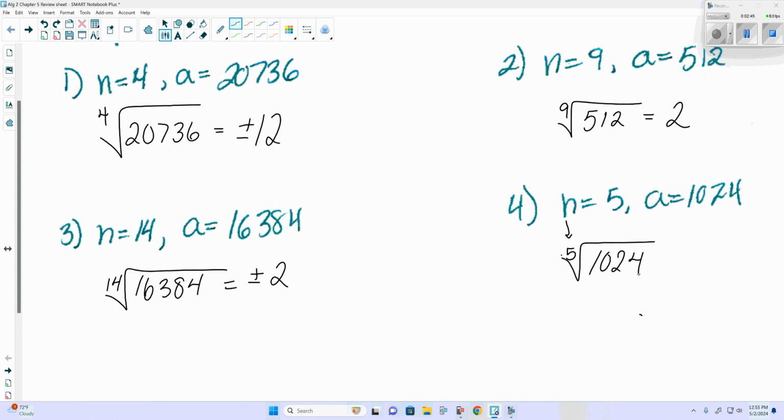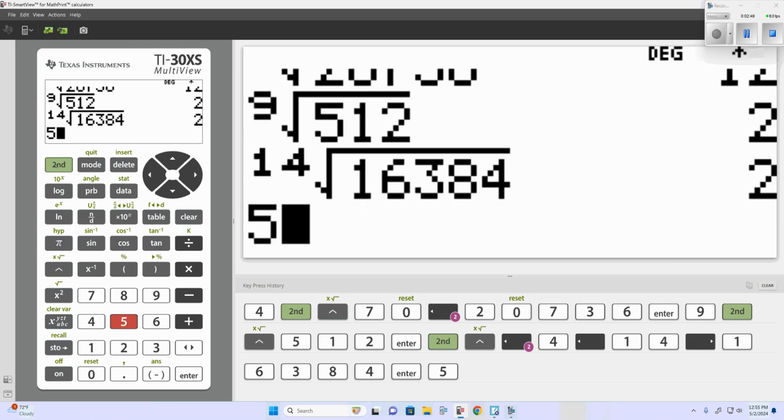And on number 4, we're taking the fifth root, an odd root of 1024. And the fifth root.